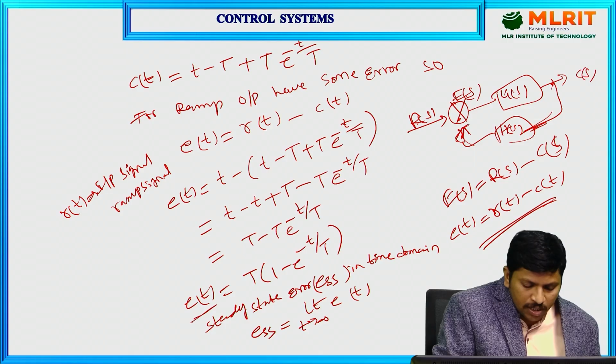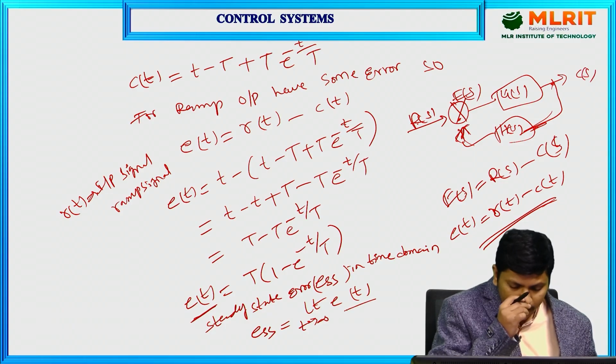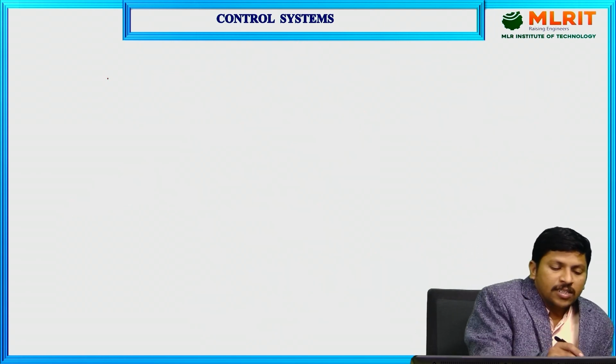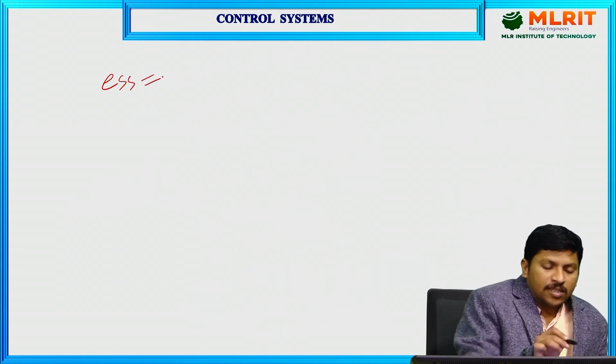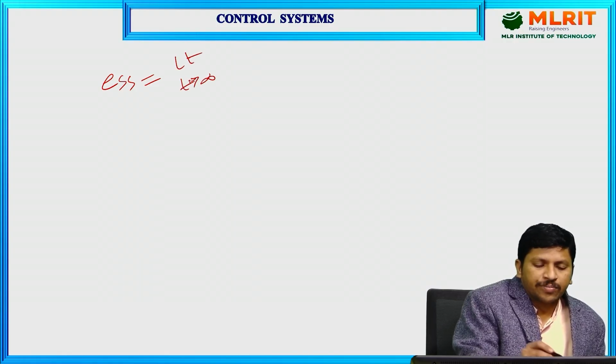Here we know that E of t is the error signal. So apply E of t to calculate the steady state error: the limit as t tends to infinity of E of t, the error signal.